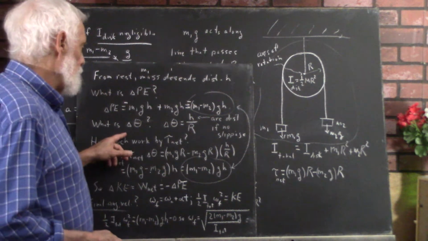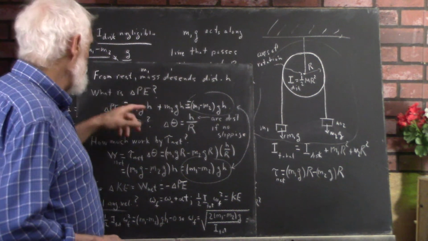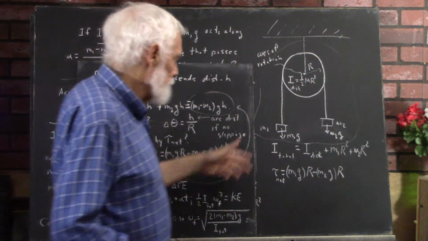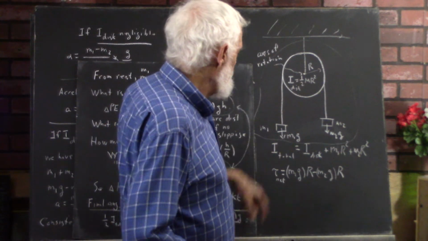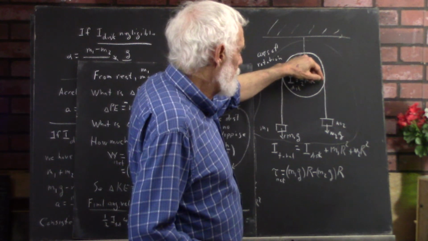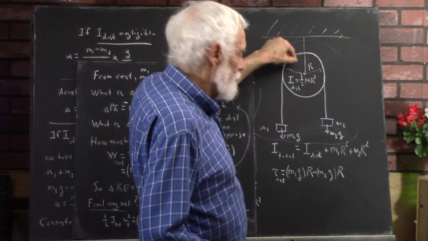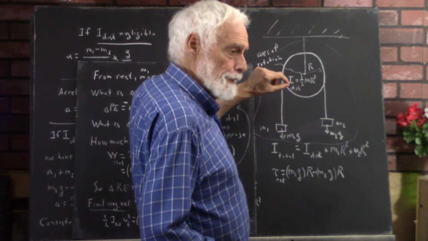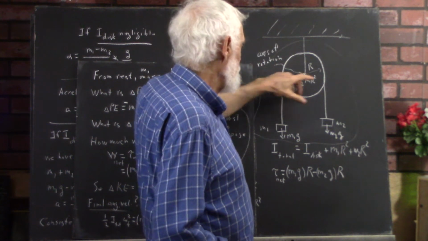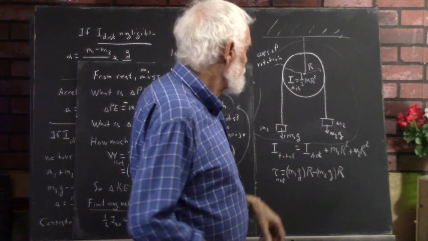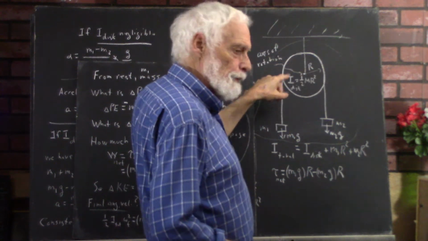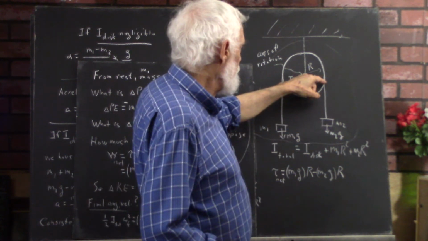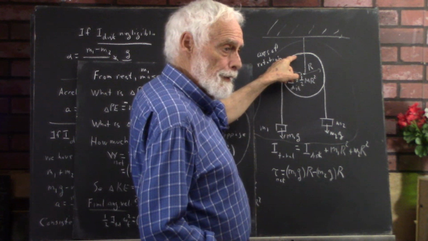Okay, now, question, what is delta theta if the mass descends distance h? Well, if the mass descends distance h, then the amount of string that wraps around or unwraps from the disk is going to have length h, which means the disk has to move through angular distance that corresponds to an arc distance of h.